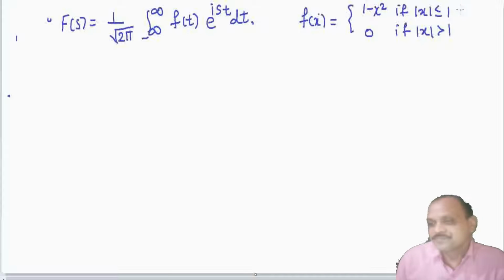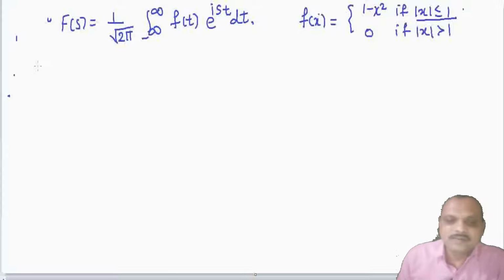This is the function of which we have to find the Fourier transform. Here the limits are minus infinity to plus infinity, but this function has a value only between minus 1 to plus 1.